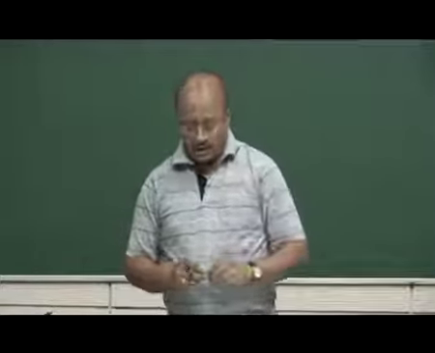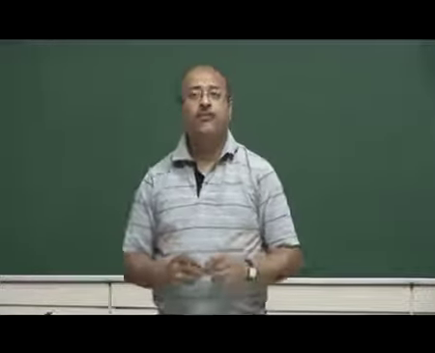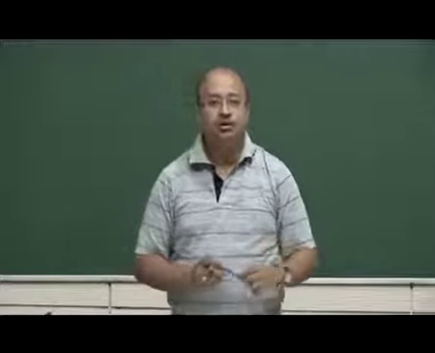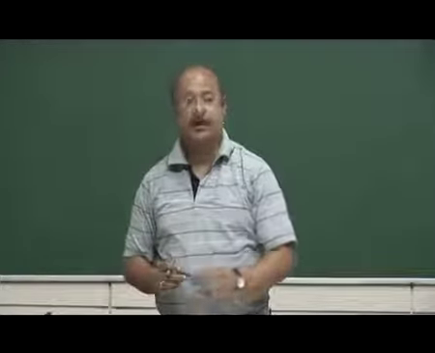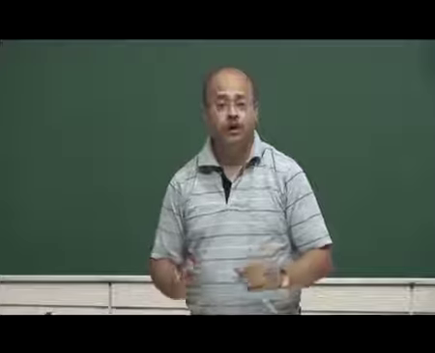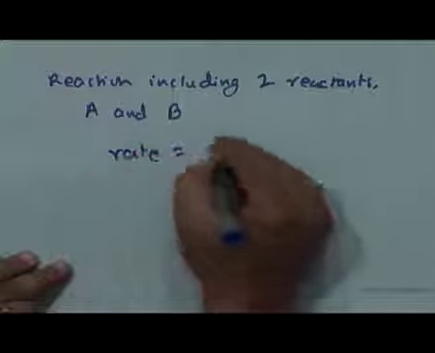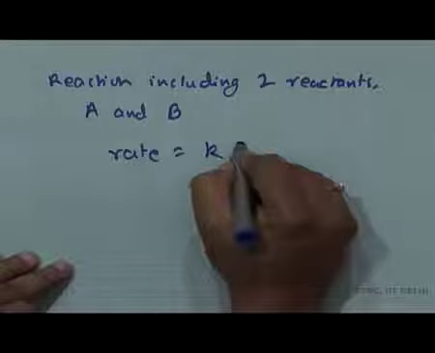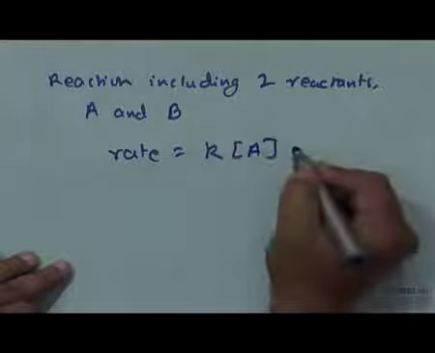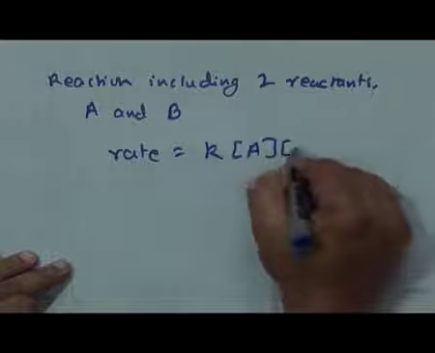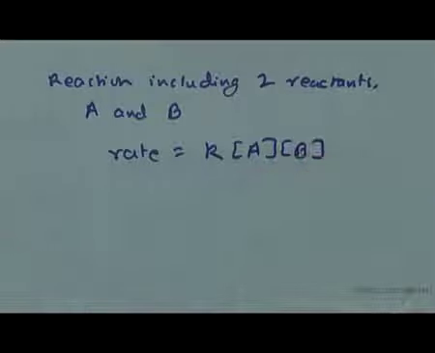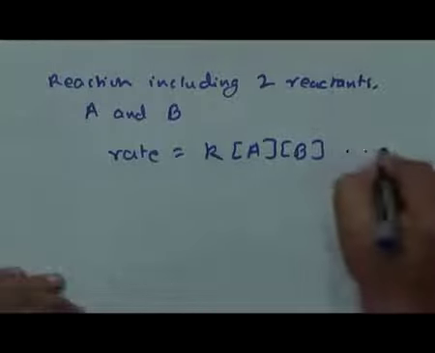But suppose we do an experiment or sets of experiments to find out the rate or order of this, and we say that the rate is equal to k into concentration of A into concentration of B. Okay. And I would say that this would be equation number 3.